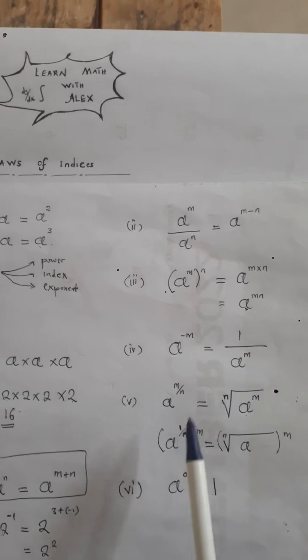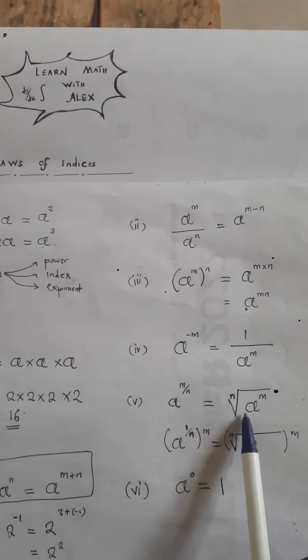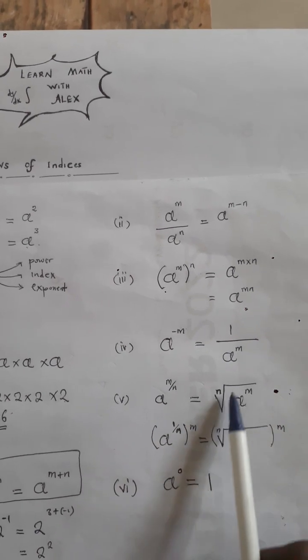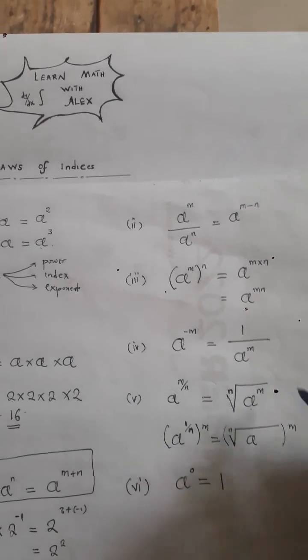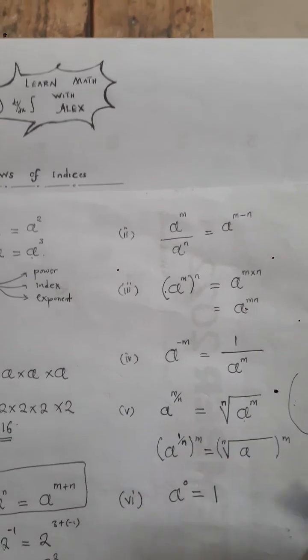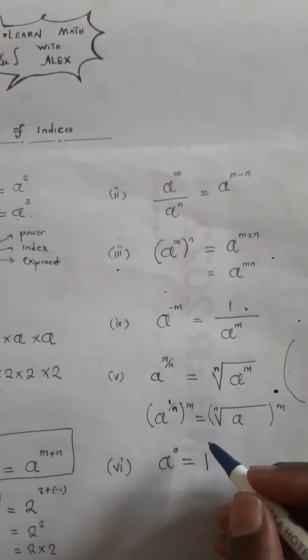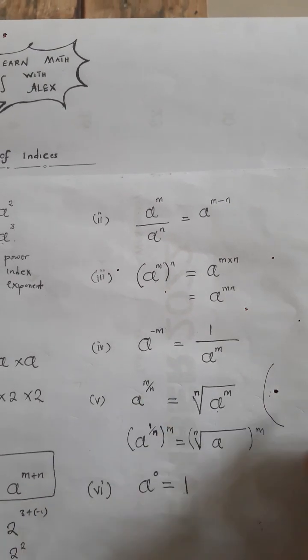And this one again, a raised to the power m over n is equal to, so you split them. Let me write it again. I'm sure it's very confusing to some of us. We are saying a raised to a fraction.